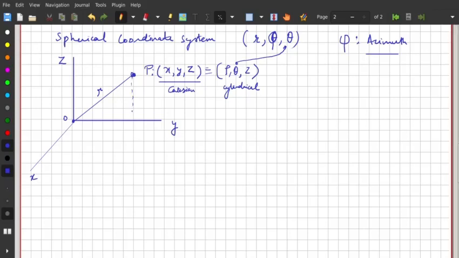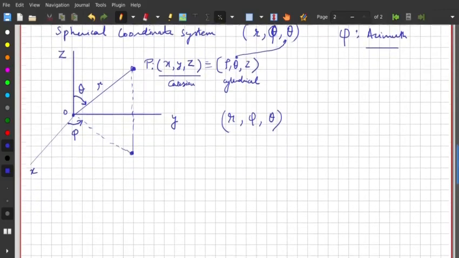Similarly, let's drop the projection of that point onto the xy plane, and this angle is the azimuth angle known as phi, and the angle between OP and the z axis is theta, and that is known as the zenith angle. So r, phi and theta are the three numbers that represent the same point P in spherical coordinate systems.